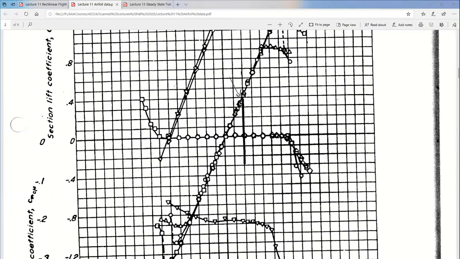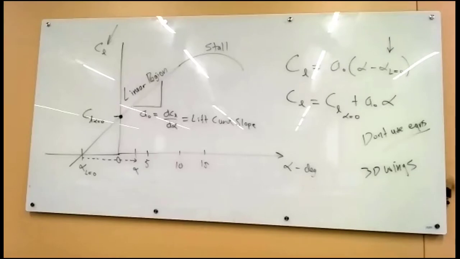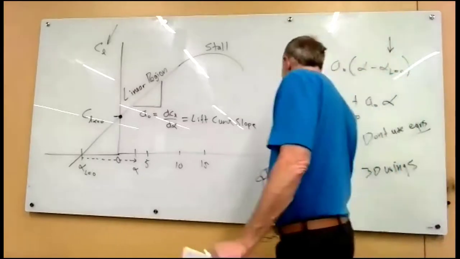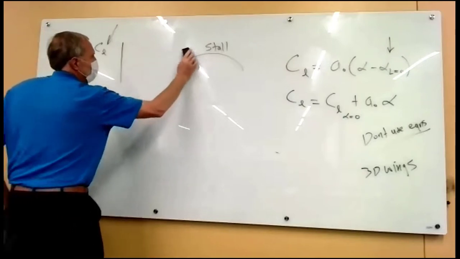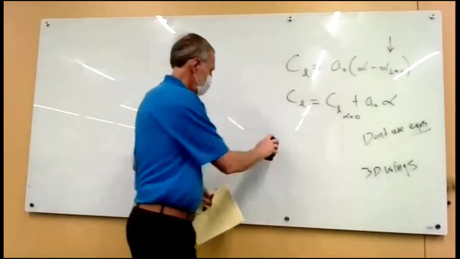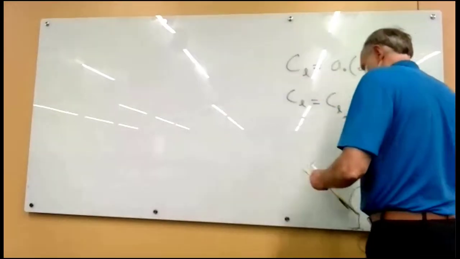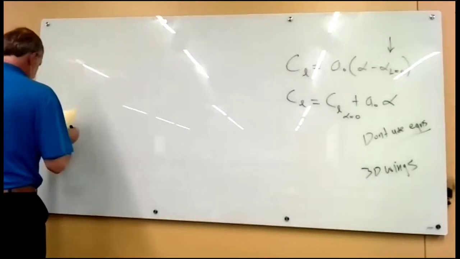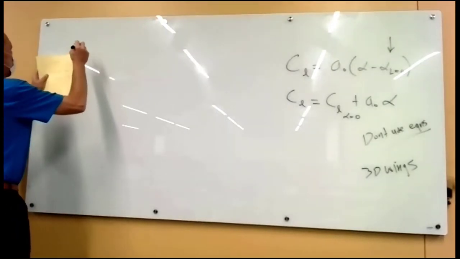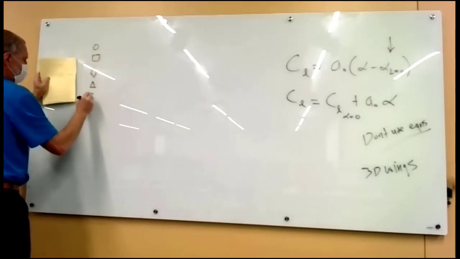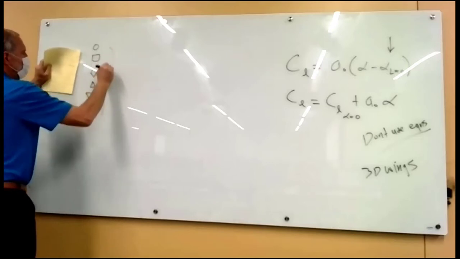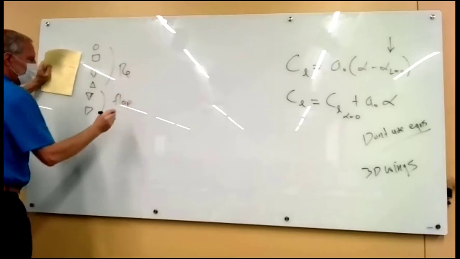All right, so next we're going to set up our example. So key features that I talked about, the symbols, have to do with Reynolds number and flap deflection.